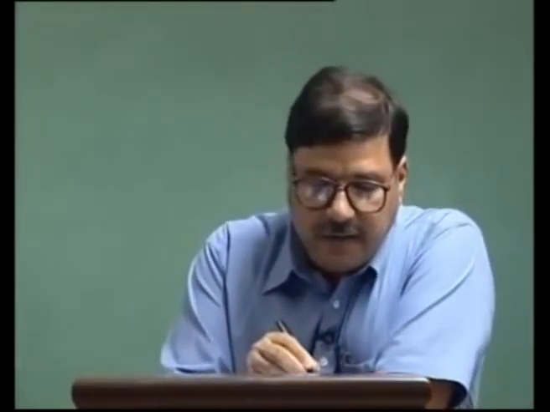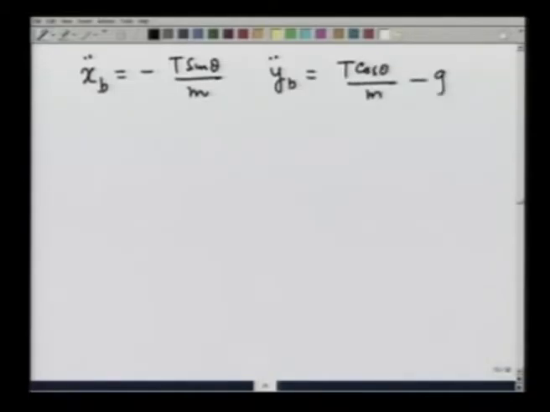Let me rewrite the equations once more and then we will solve the problem. So I have xb double dot equals minus T sine theta divided by m. I have yb double dot equals T cosine theta divided by m minus g. I have 1/2 at square equals xb minus L sine of theta.